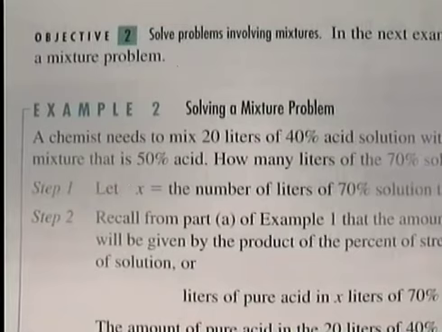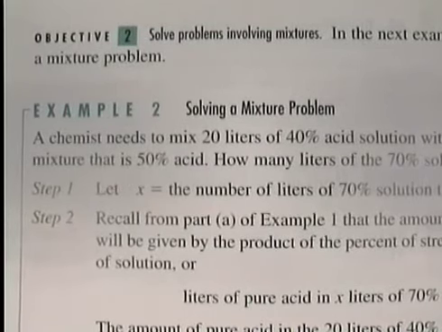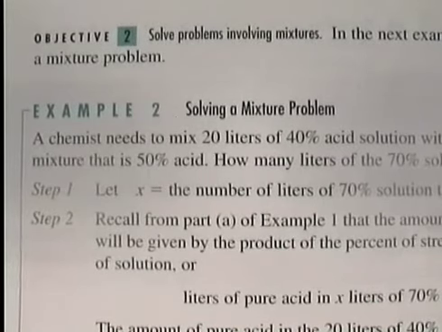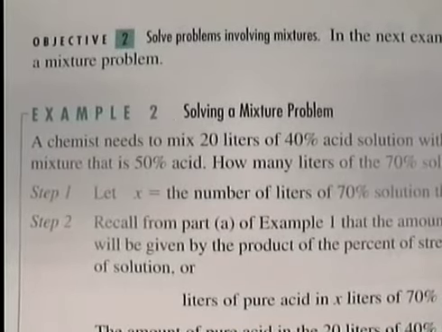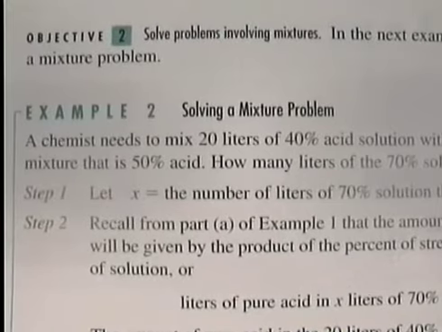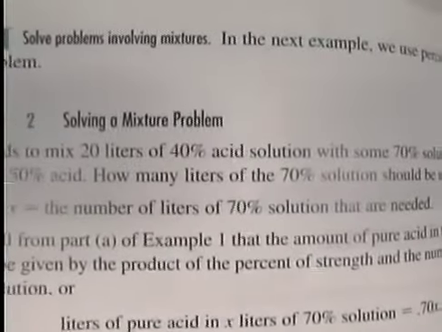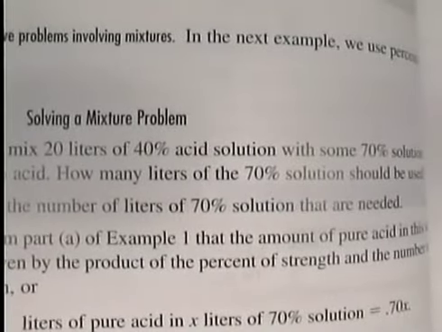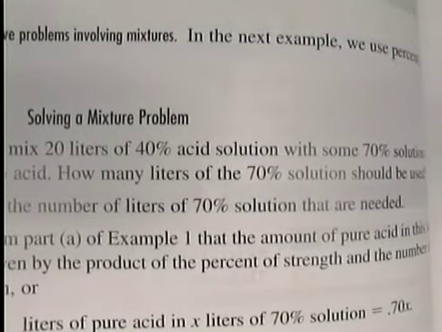And you have 40 and 70 available, and you're going to do what? Get 50%. So the point being, you have two solutions, one too strong, one not strong enough, and you put them together to create what?